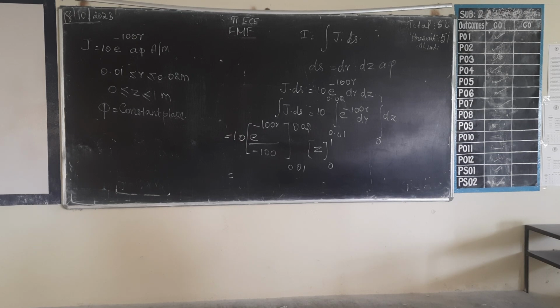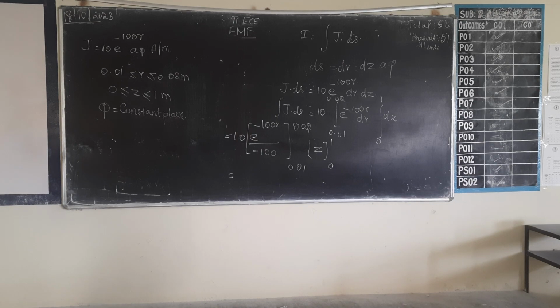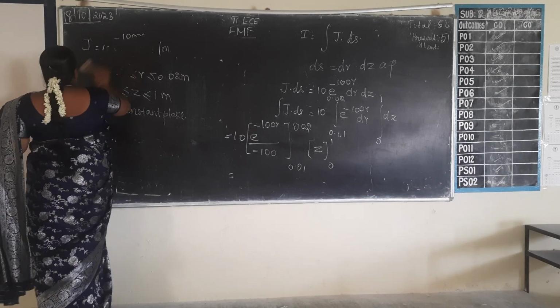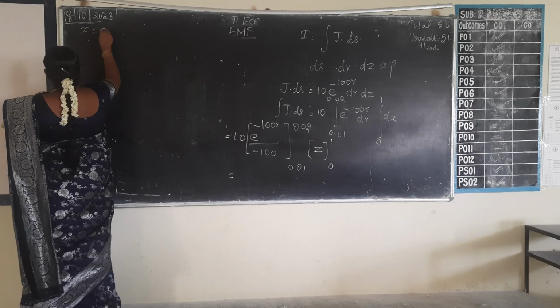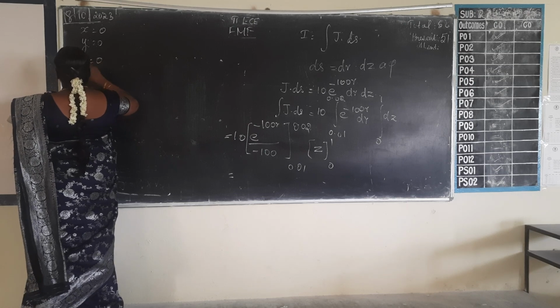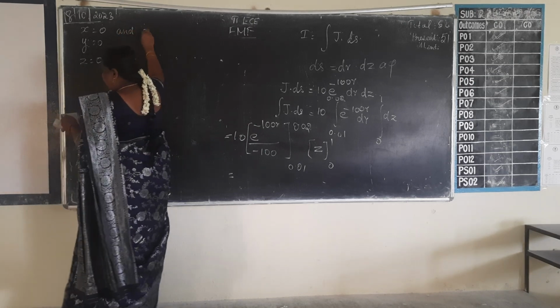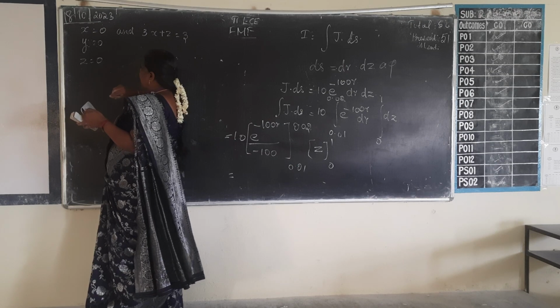The current density inside a box is bounded by 5 planes: x is equal to 0, y is equal to 0, z is equal to 0, and 3x plus z is equal to 3, and 3x plus 3z is equal to 0.